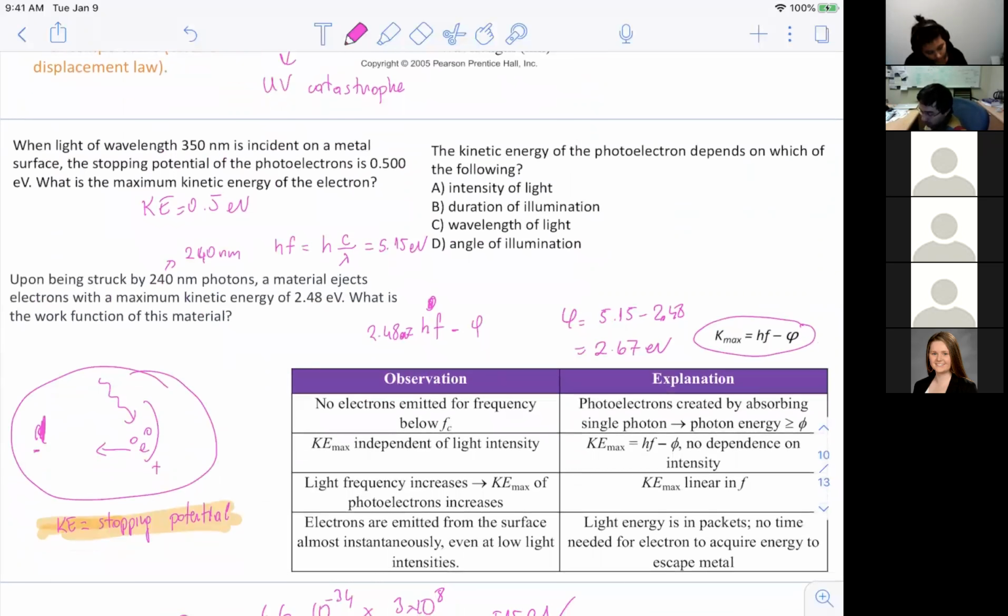Einstein showed that it doesn't depend on the intensity, it's independent of the intensity, and the duration of illumination doesn't matter, but it depends on the wavelength of the light, because it depends on the frequency. So the answer is going to be C.